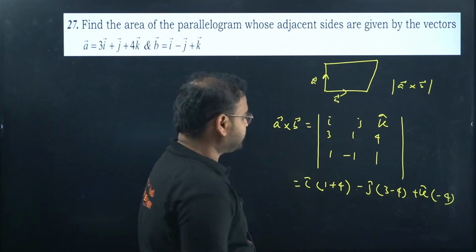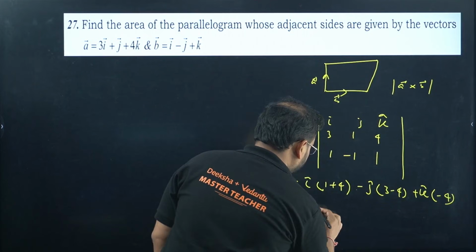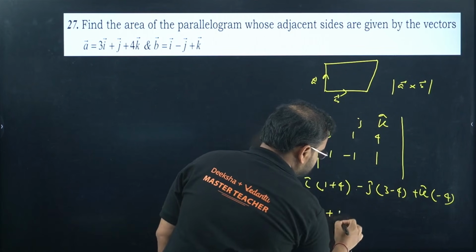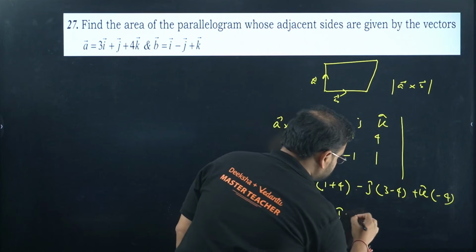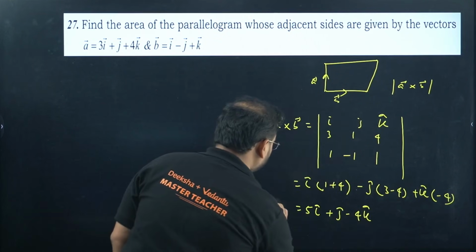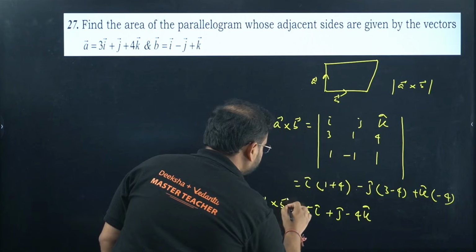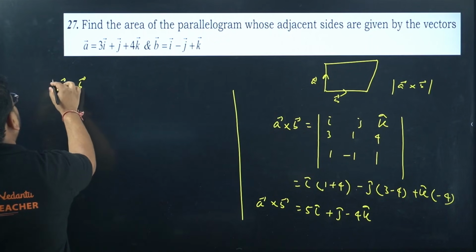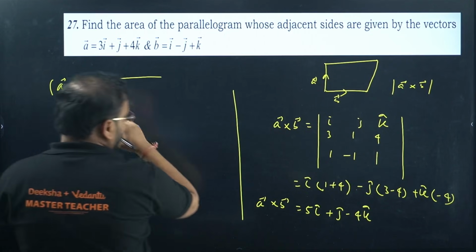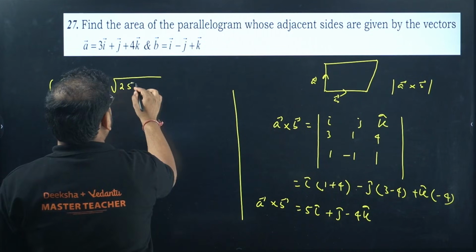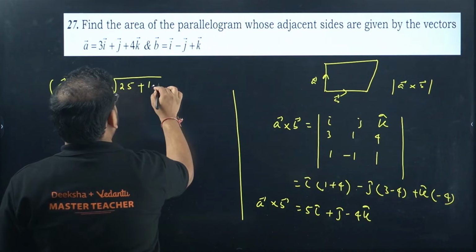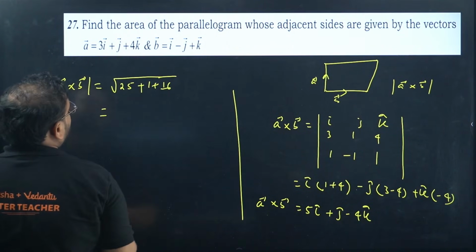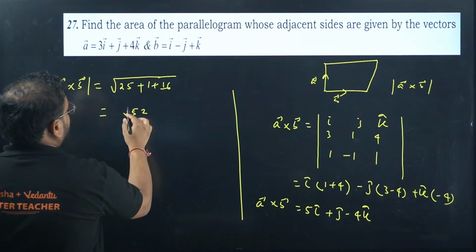Okay, so I have here 5 i cap and I have here -1, so plus j cap and -4 k cap. This is value of your A cross B. I'm looking for the modulus of A cross B. So this will become what? Square of 5 is 25 plus 1 plus 16. So 26 plus 16 is going to be 42, no?